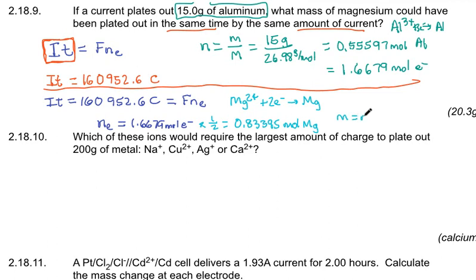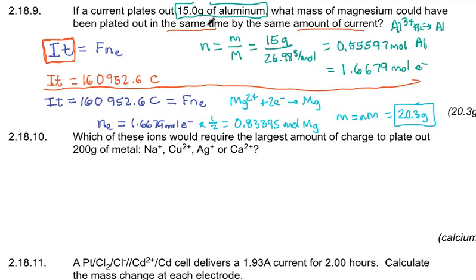What mass is that? Number of moles times 24.31, the molar mass for magnesium, and we get 20.3 grams of magnesium deposited.